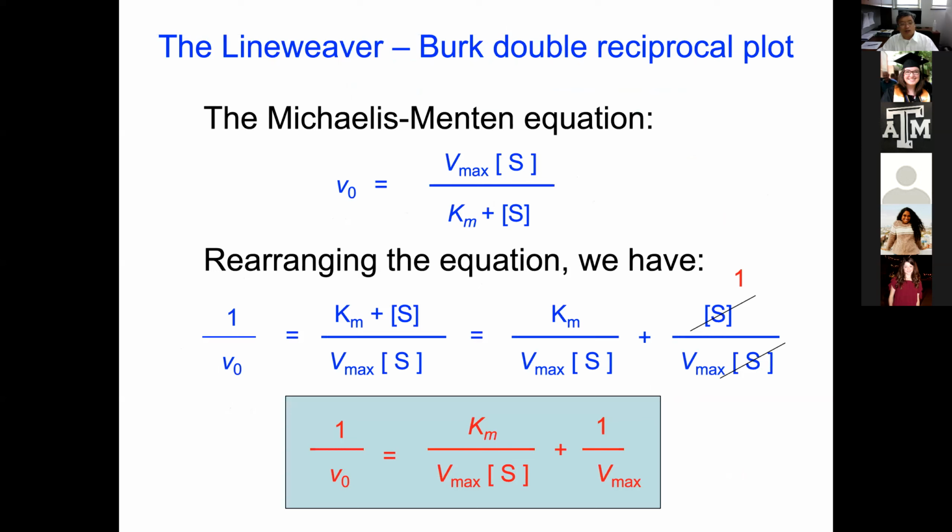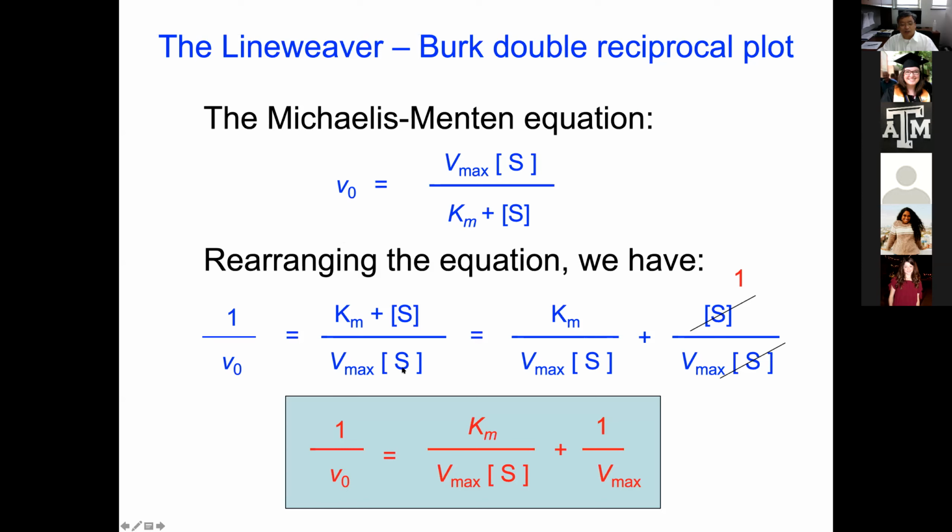But we want to do a better job to determine the exact numbers of Vmax and Km. There's a very nice way to do that: a double reciprocal plot, which is what we call the Lineweaver-Burk double reciprocal plot. You take the inverse of V naught, and also the inverse of the right side of the equation.